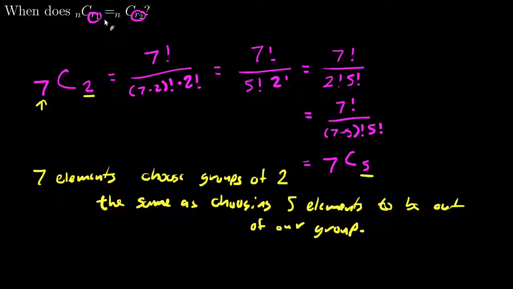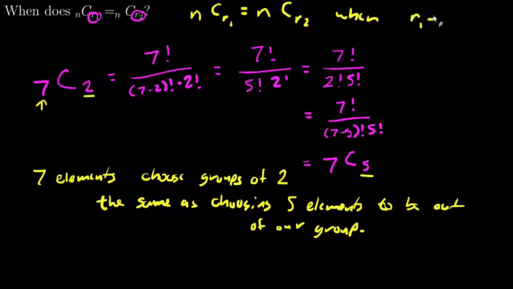So back to this example up here where I have nCr1 and nCr2. If I have these two things here, nCr1 equals nCr2 when r1 plus r2 equals n.